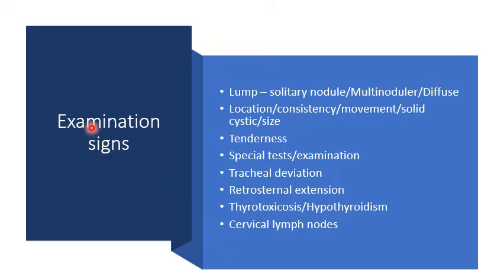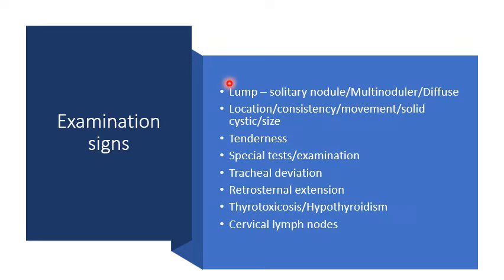Then you look for the signs on examination, especially the most important sign, which is a lump in the neck, and the most common of this is from the thyroid, which moves on swallowing.